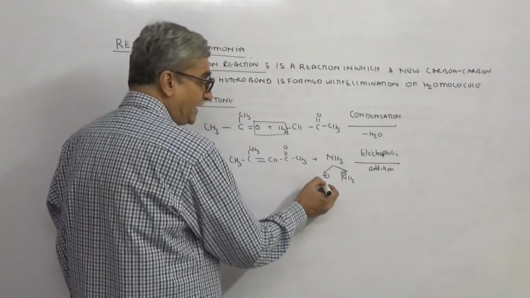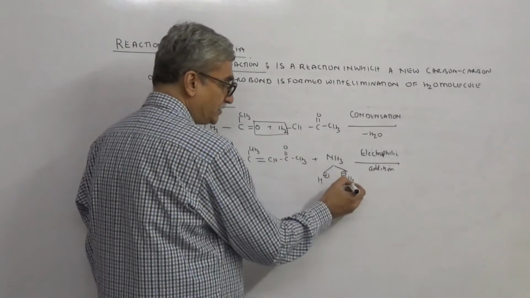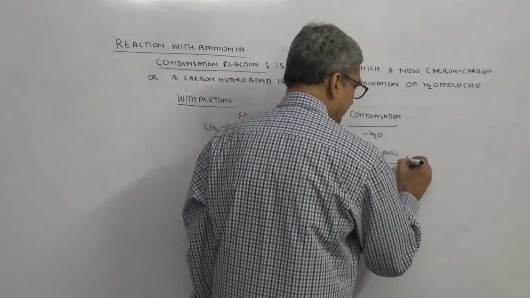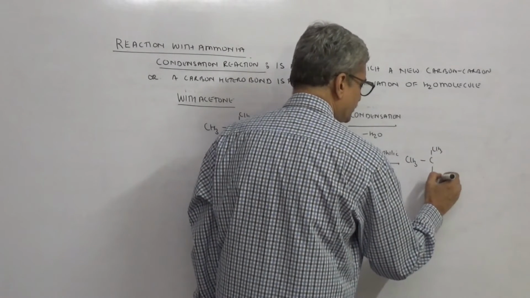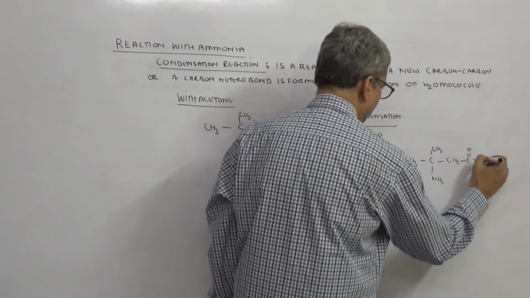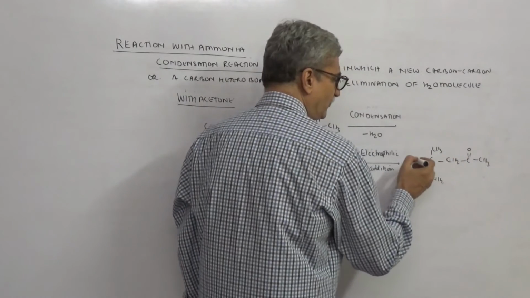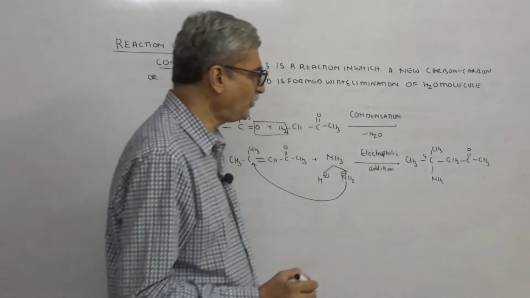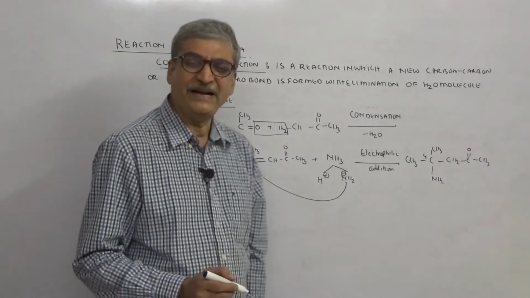So H plus causes breaking of the pi bond. This is Markovnikov's rule. So negative pi will go to that carbon having least number of hydrogen. So we will have CH3 CH3, NH2. This is CH2, C double bond O, CH3. So this is 1, 2, 3, 4, 5. So on position number 4, you have 4 amino, 4 methyl, and this is pentane-2-one.